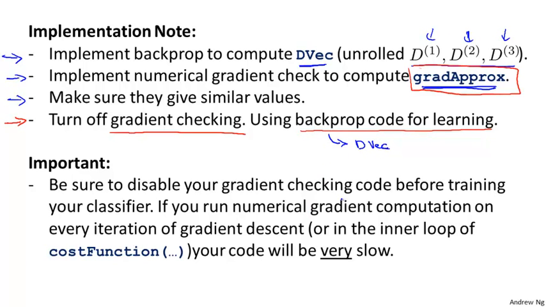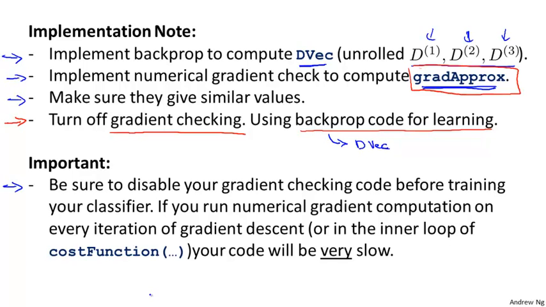So once you've verified that your implementation of backpropagation is correct, you should turn off gradient checking and just stop using that. So just to reiterate, you should be sure to disable your gradient checking code before running your algorithm for many iterations of gradient descent or for many iterations of the advanced optimization algorithms in order to train your classifier.